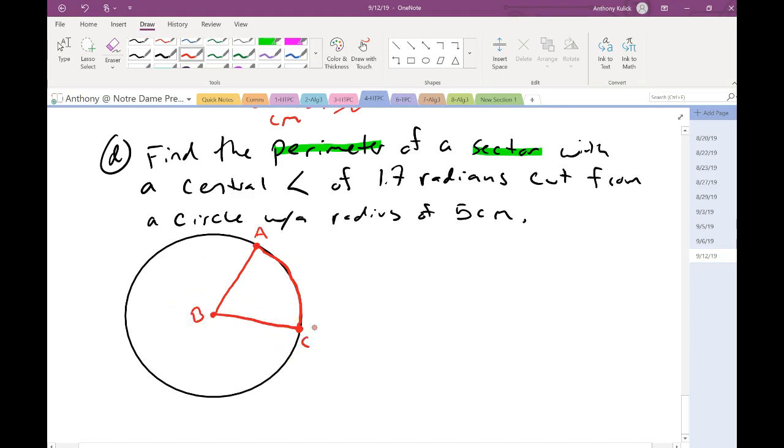So a sector is this figure ABC here that's basically just like a slice of pizza. Everybody okay with that idea?